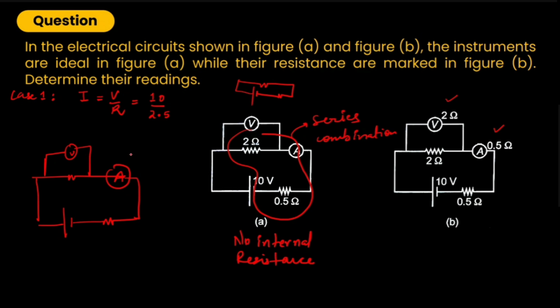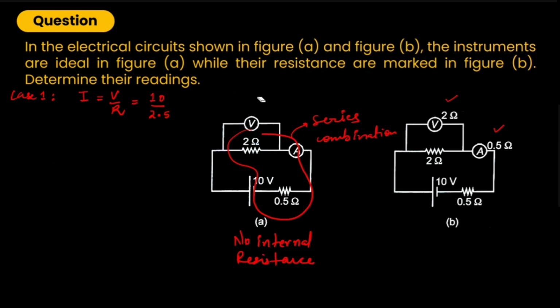If they have any resistance, like in the second case which we are also going to find out, current will pass through them, which changes the readings. That difference is what we learn through this question: how much difference there is if the voltmeter and ammeter have resistance. Is it clear how I wrote 2.5, and why I considered them in series?